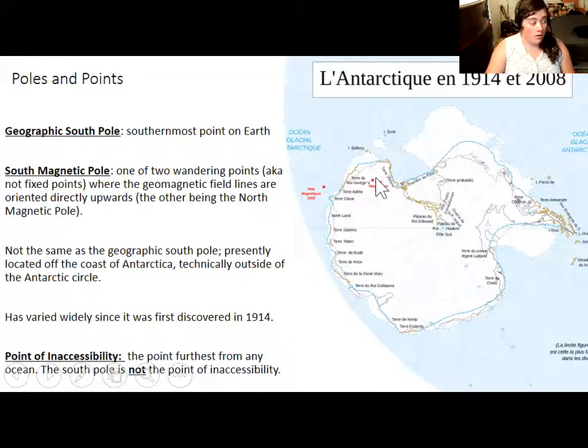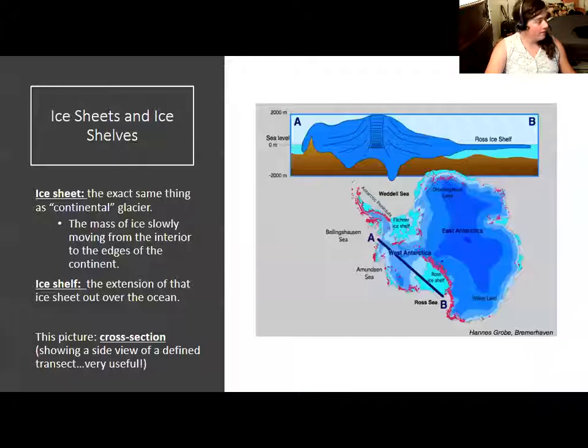So the magnetic pole changes location significantly during people's lifetimes, and that's why geologic maps that have anything to do with magnetism have to make a note of when they were made so that they can indicate what measurements they were taking relative to what geographic pole. There is also something called the pole of inaccessibility, which is the farthest point from any ocean. And it turns out that is not the geographic South Pole. The geographic South Pole is actually relatively close to the ocean.